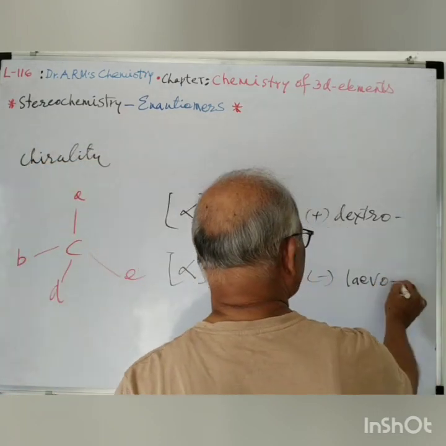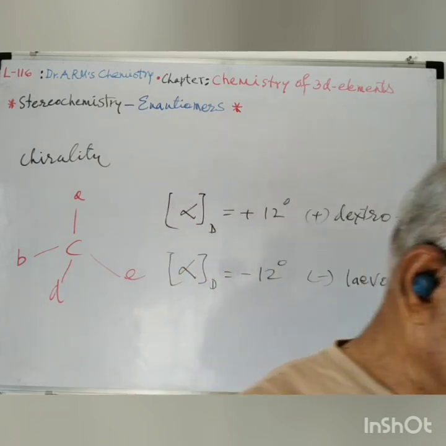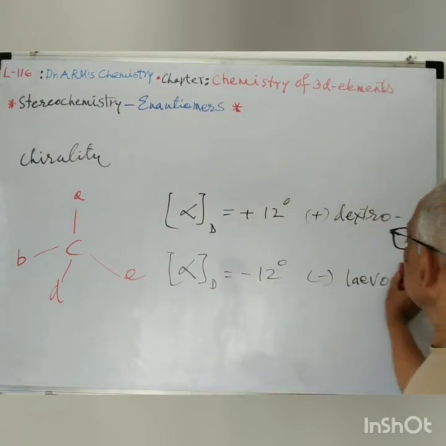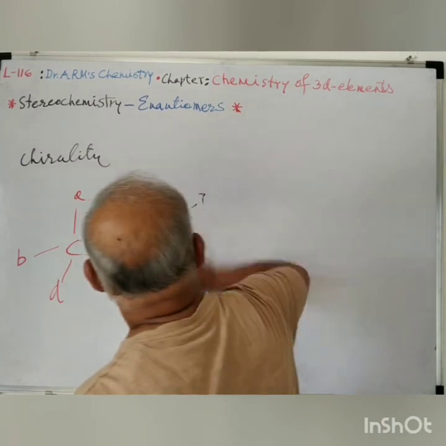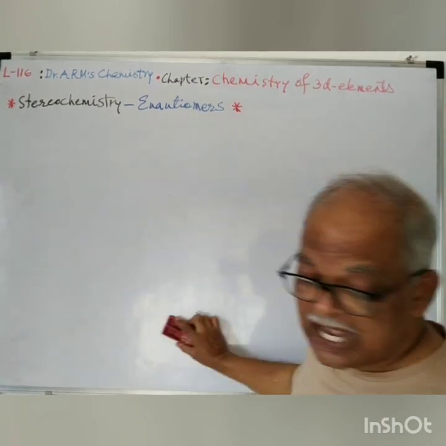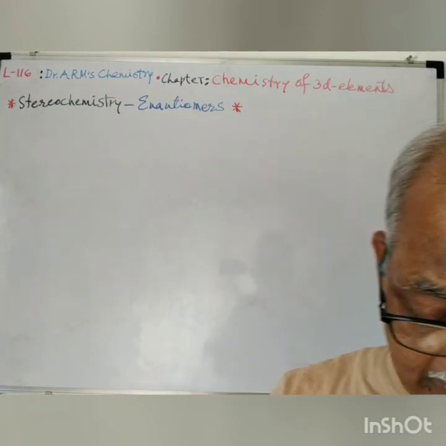This is dextro, this is levorotatory substance. On that basis we will see what the different types of optical isomers are.